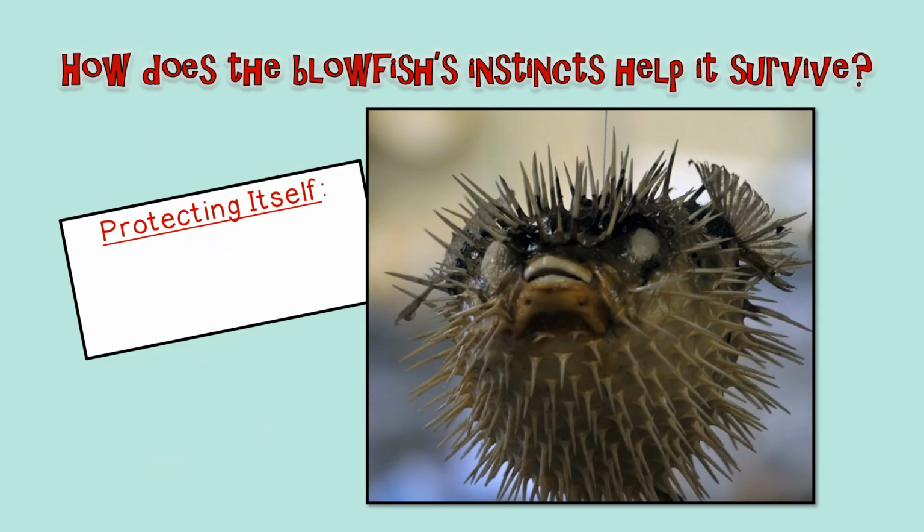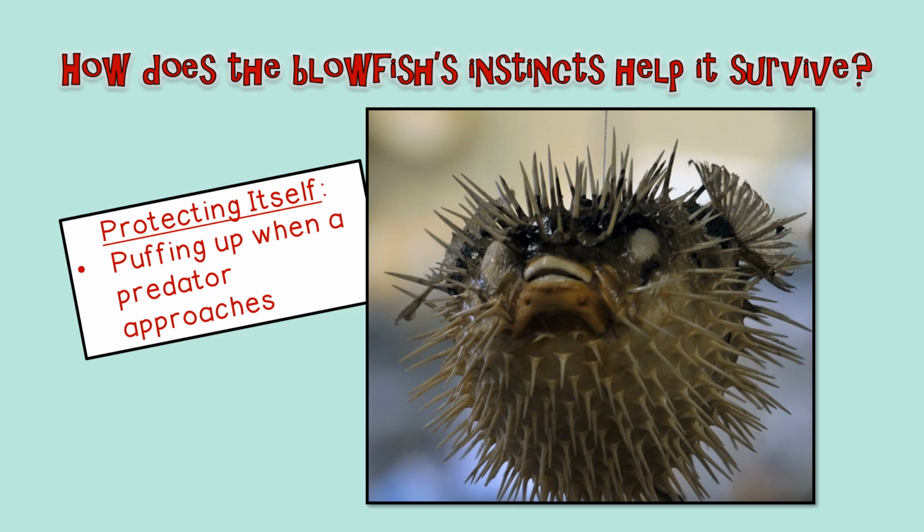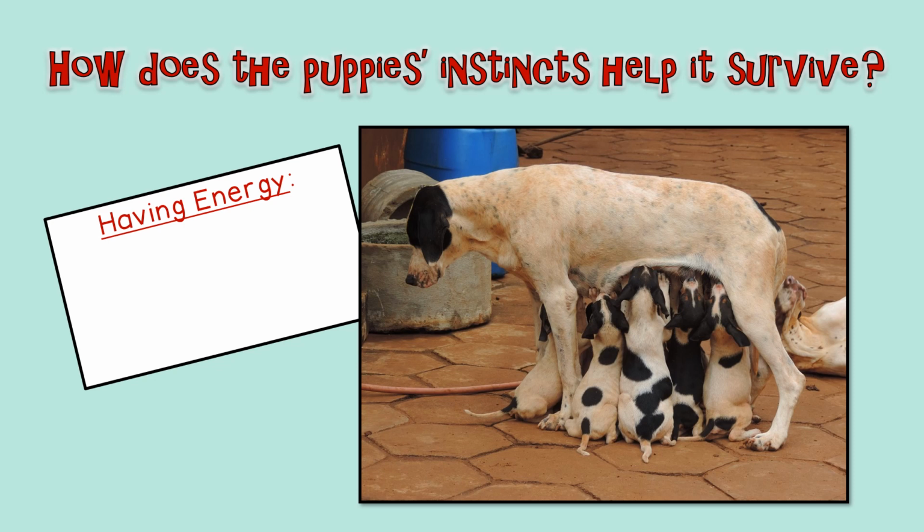How does the blowfish's instinct help it survive? Well, it protects itself. It expands and makes itself super big to make sure that other predators don't get tempted into taking a bite because it's so big and spiky. Others include having energy.